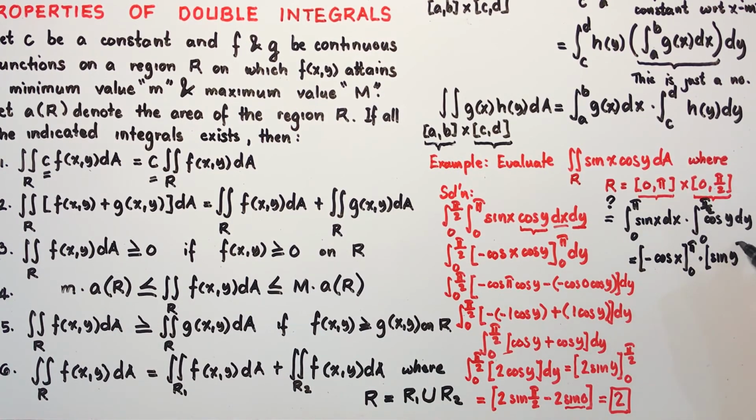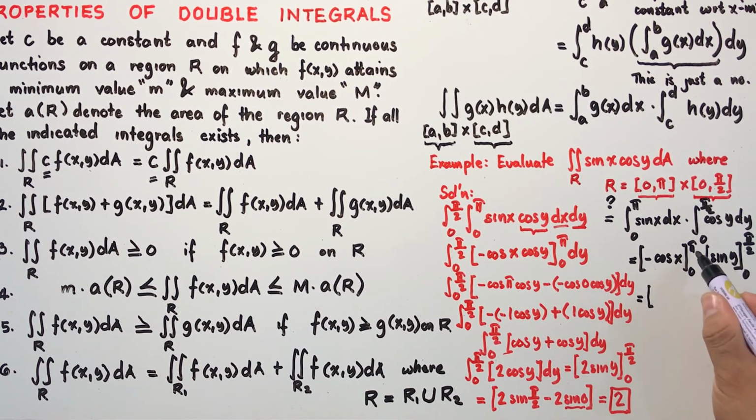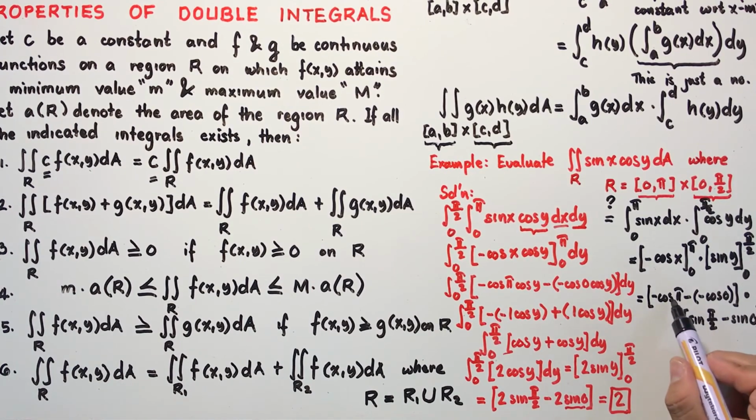And the integral of cosine y with respect to y is sine y. And this will be evaluated from 0 to pi over 2. So, substituting our pi here, that is negative cosine of pi minus the negative of cosine of 0, which will be multiplied to the sine of pi over 2 minus sine of 0. And what is the cosine of pi?